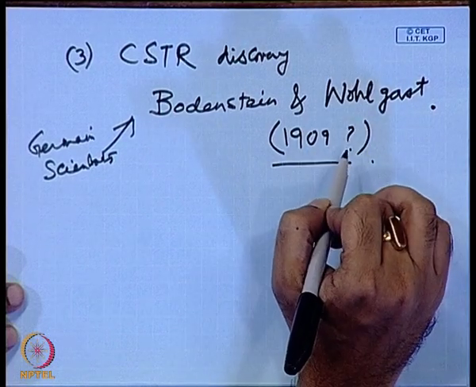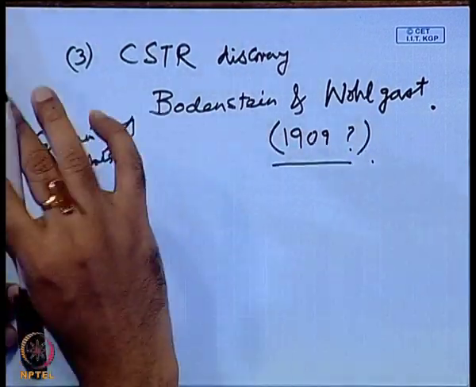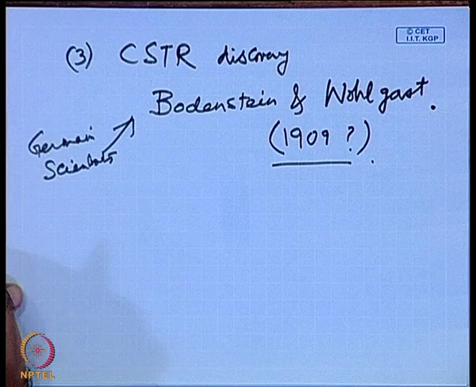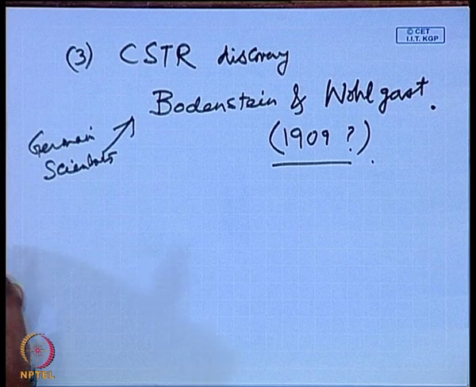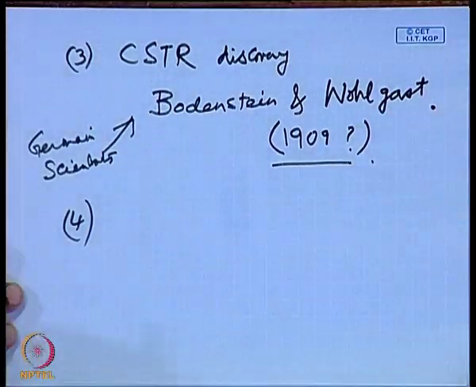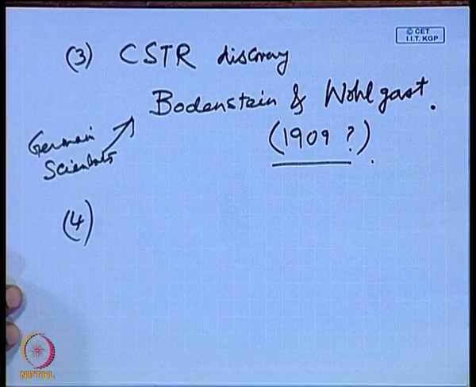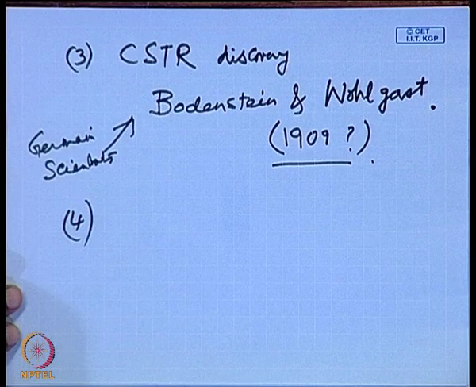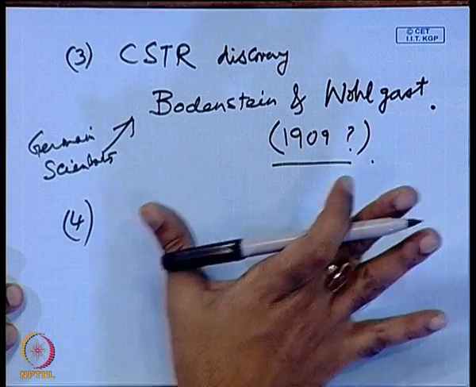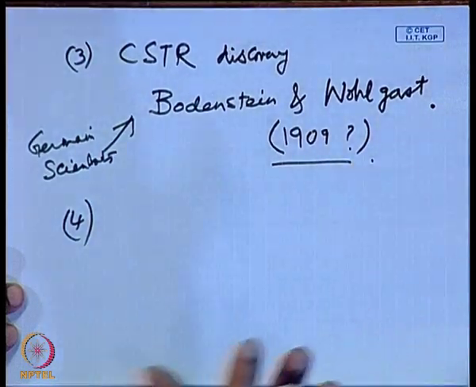So, there was a lot of obscurity about whether this really happened, and a lot of other people tried to take credit for this, but that was not correct. And then Danckwerts also kind of took, not directly, but he was sort of trying to take credit for the CSTR model, but the model was first discovered by Bodenstein and Wolgast, and that's kind of well known.